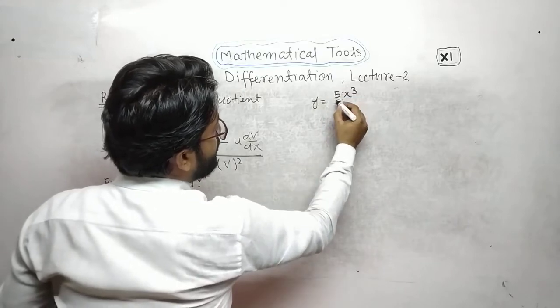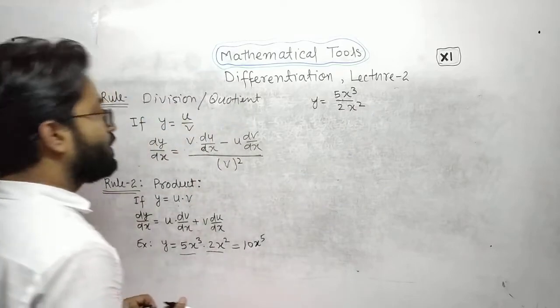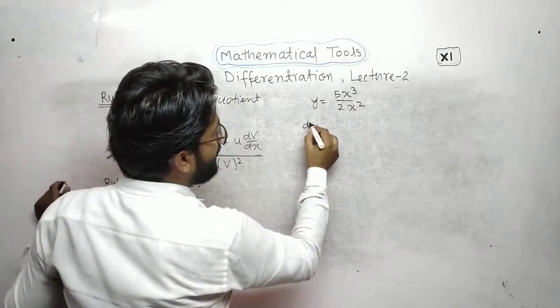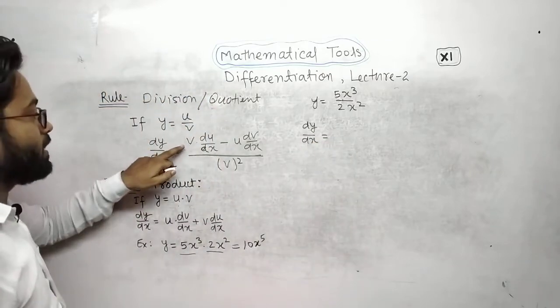y is equal to 5x to the power 3 upon 2x square. dy upon dx will be equal to what?